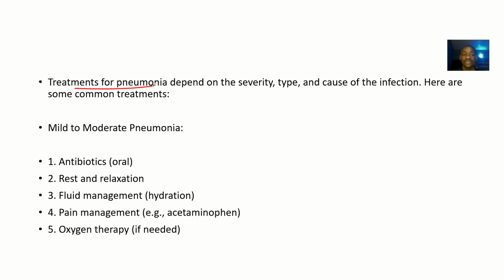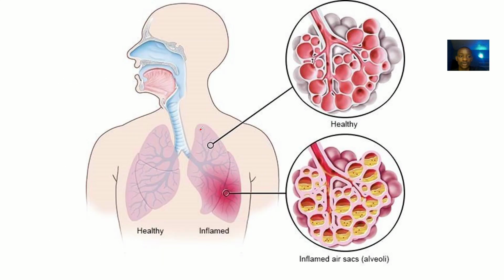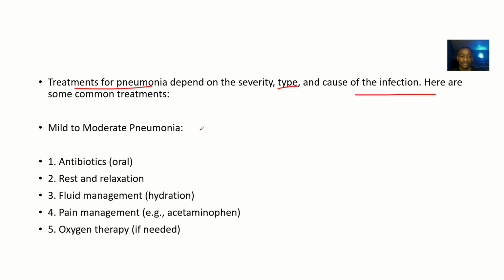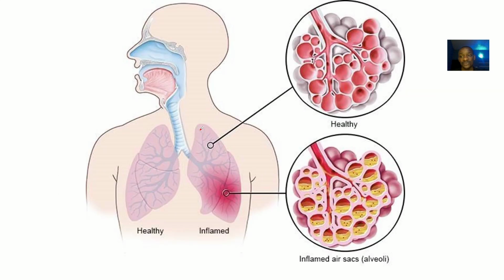We're saying that treatment for pneumonia is dependent on the severity, on the condition in which you are seeing the patient, and also on the type and the cause of the infection. So here are some treatments. Did they present with a mild to moderate type of pneumonia?